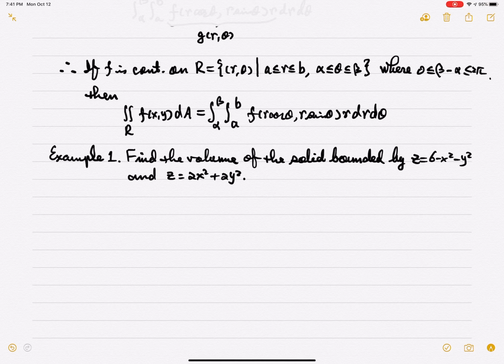If you look at those two surfaces, both are paraboloids. One opens down, one opens up.